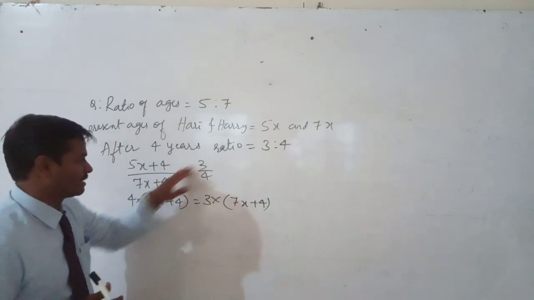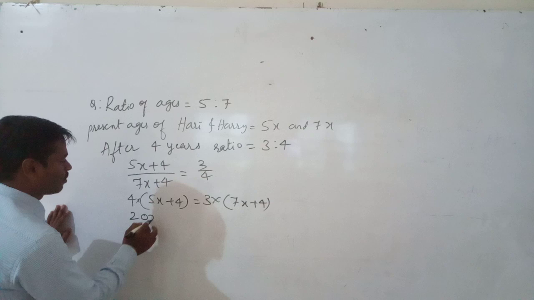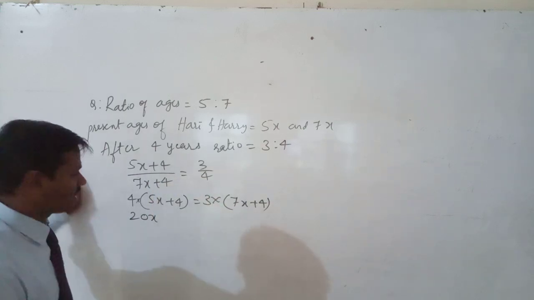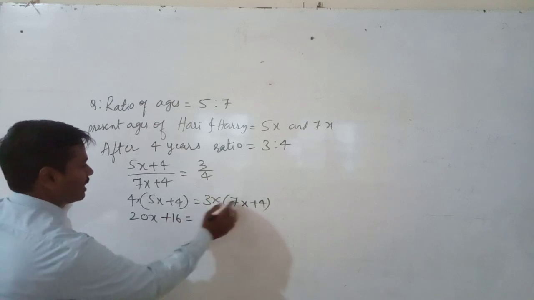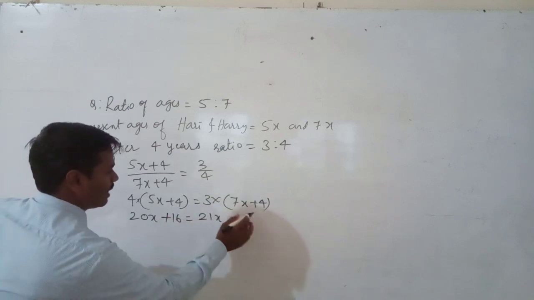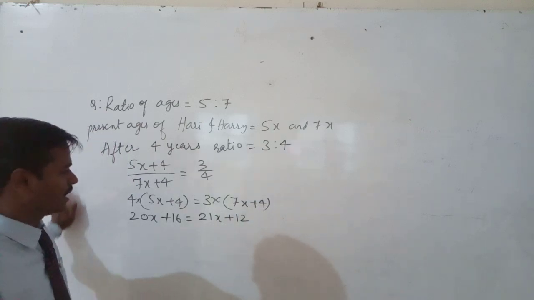Cross multiplication. Now 4 5s are 20x, 4 4s are 16, equal to 3 7s are 21x, 3 4s are 12.